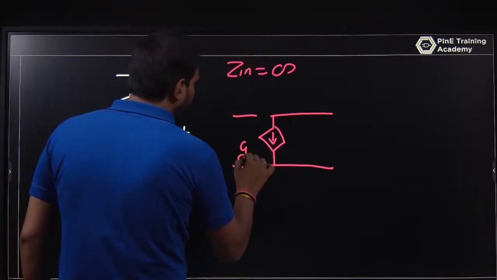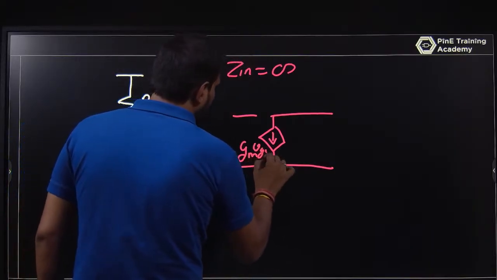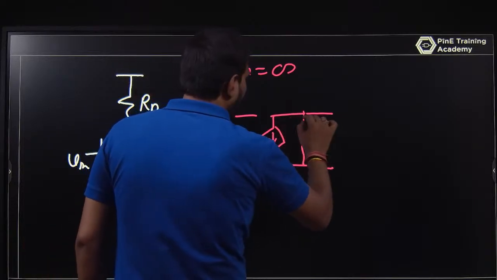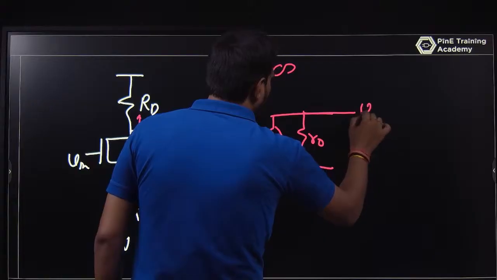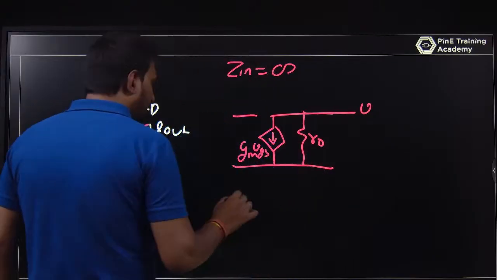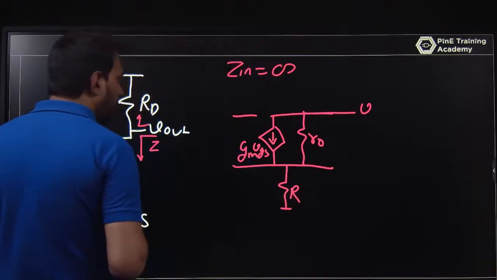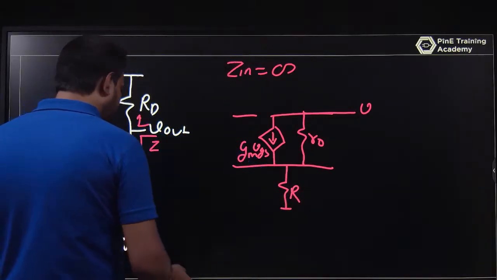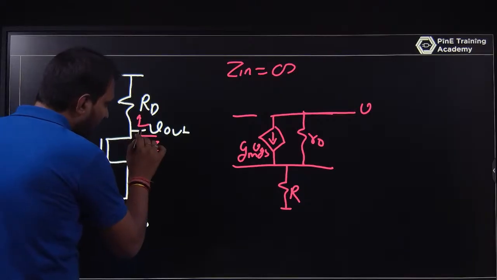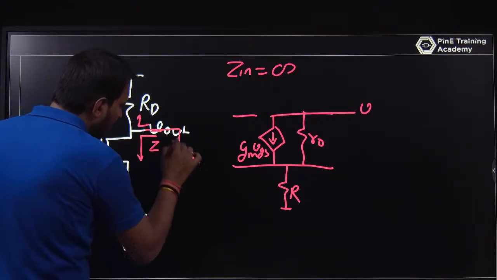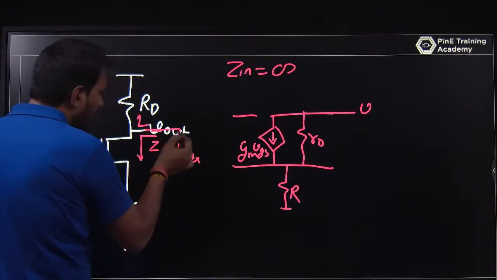that is gm VGS, and this is ro, and here this is the resistance R. I am using one voltage here, named small Vx, and a current Ix.